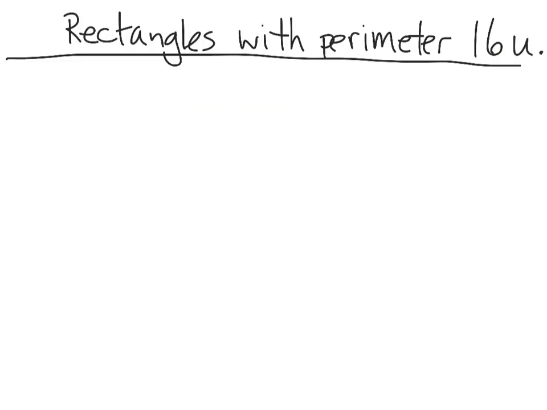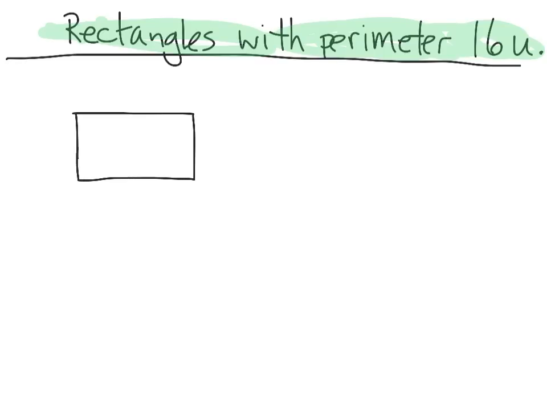Let's do a little bit of background before we move on to the actual problems and the homework. So suppose we wanted to find all the different rectangles that we could draw that have a perimeter of 16 units. Okay, so now what does that mean? Well, let's remember that a rectangle, okay, this is an example of a rectangle, and a rectangle that has a perimeter of 16 units.